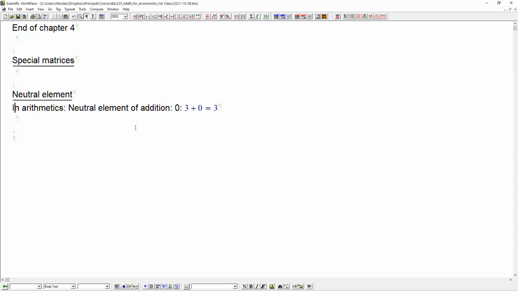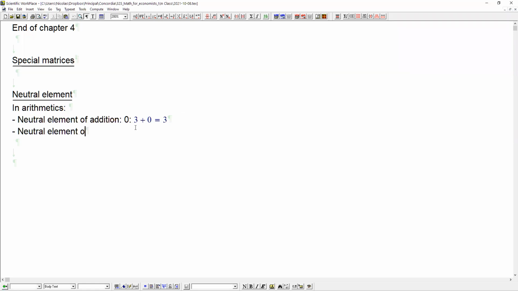So that's why. And we have the neutral element of multiplication, which is what? 1. Yes, because if I have 3 times 1 equals 3.